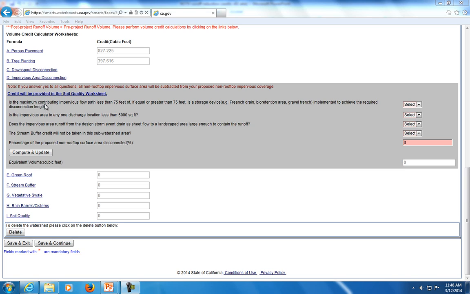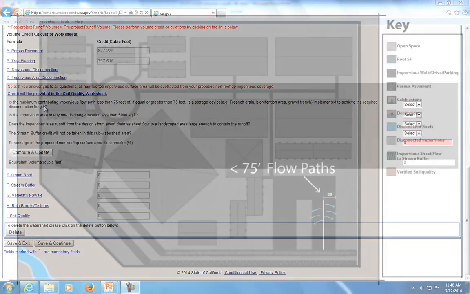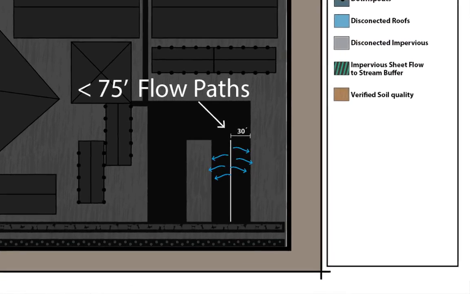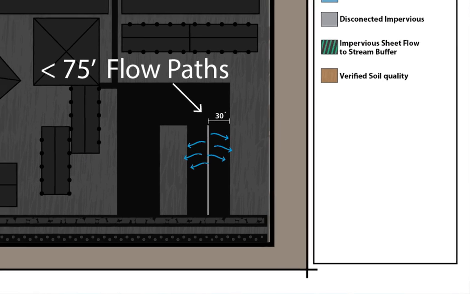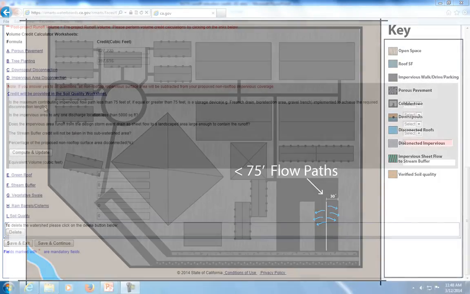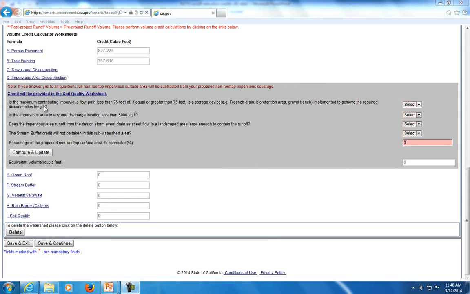So the first question is, is the maximum contributing impervious flow path less than 75 feet? And if it's equal or greater than 75 feet, is there some kind of storage device, like a trench or a bioretention area, available to take that concentrated flow and distribute it as more sheet flow?